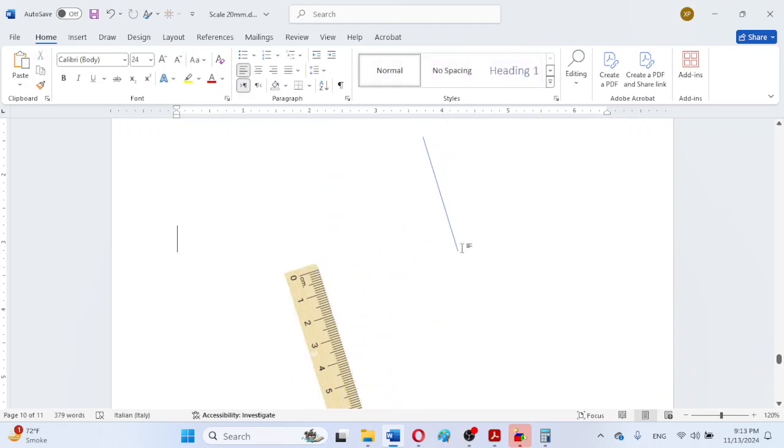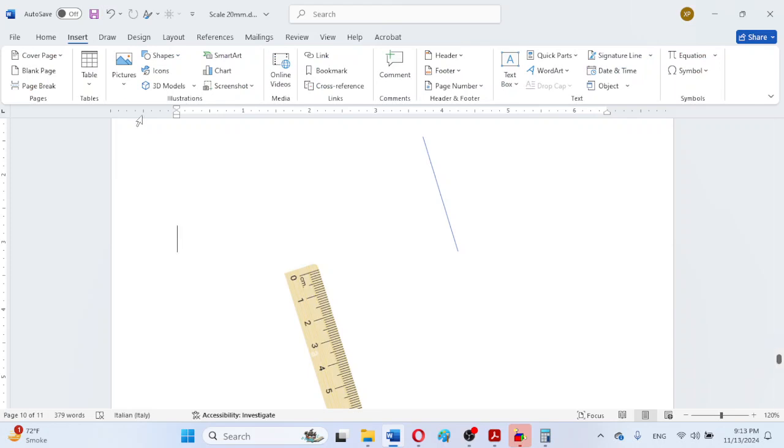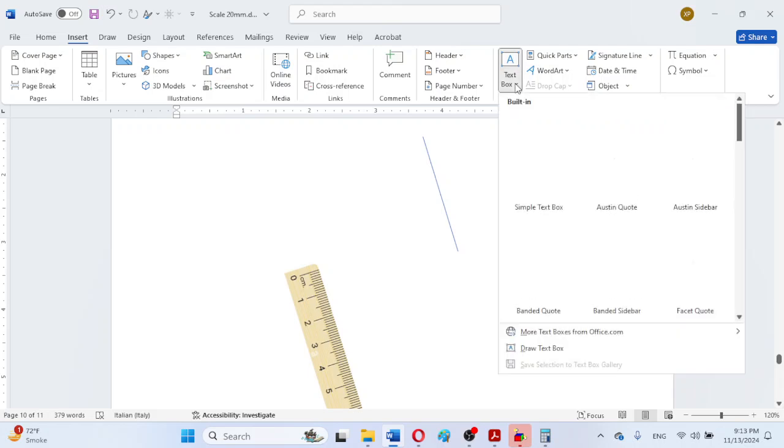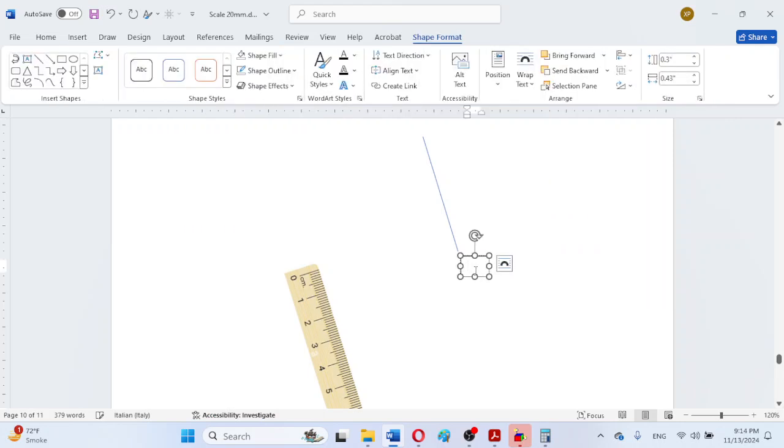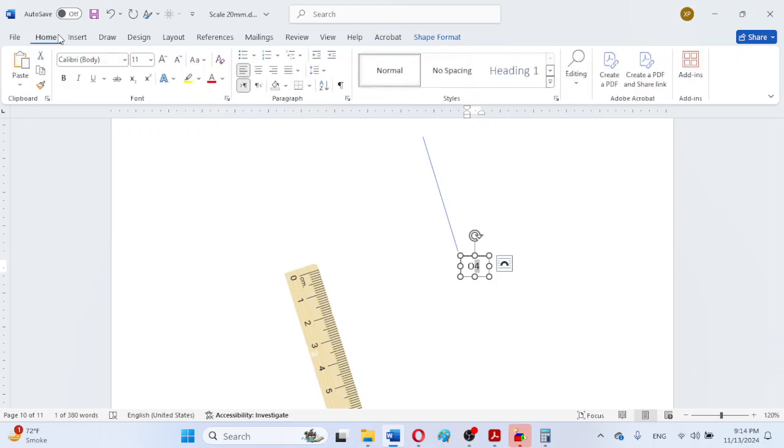Now at this stage we can label the grounded revolute for the rocker, and for that, insert text box, and in a similar manner I can type here. This point is actually O4 because the rocker is actually the fourth link according to the book of design of machinery.